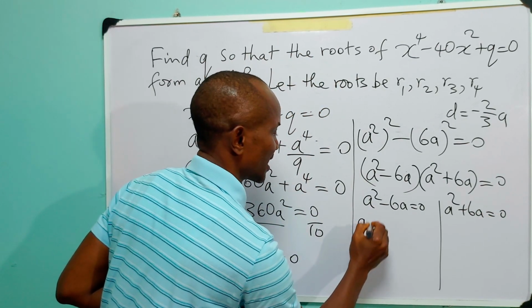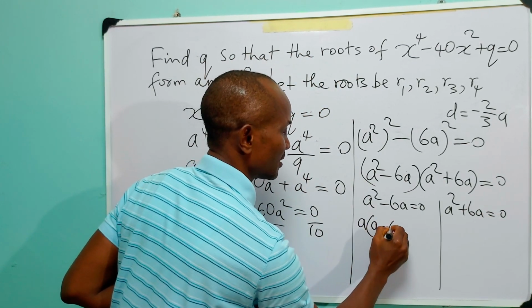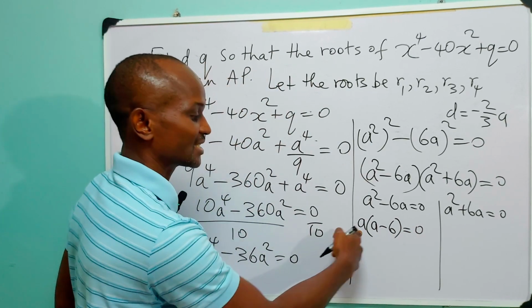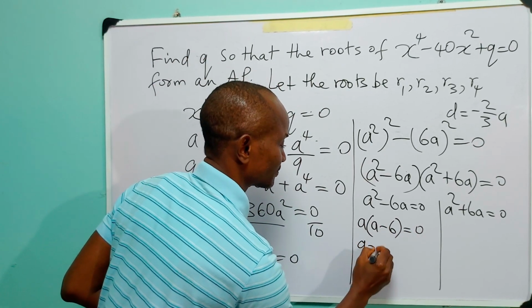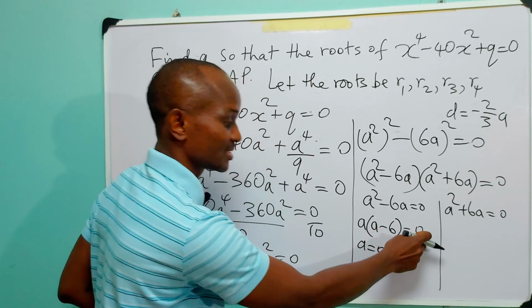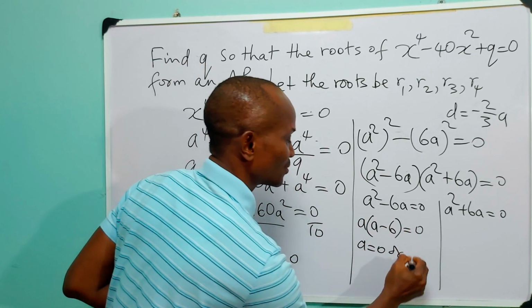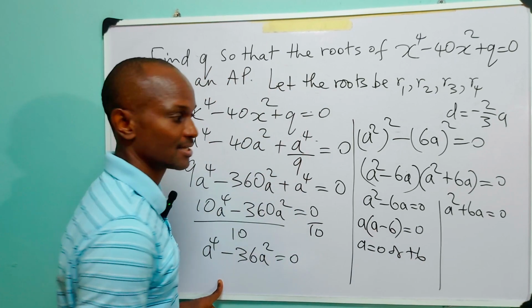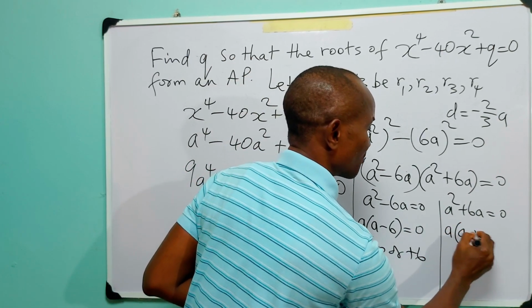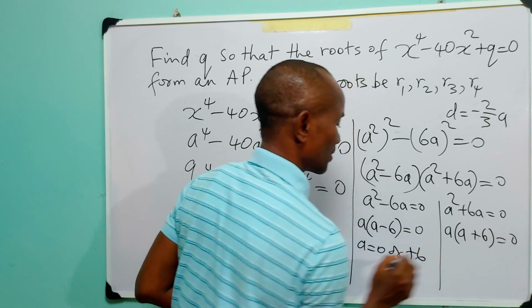We can factorize. We have a into a minus 6, and this is equal to 0. And from here we have that a is equal to 0, or a minus 6 is equal to 0, and hence a is equal to plus 6. And from here we have the same thing, a into a plus 6 is equal to 0.